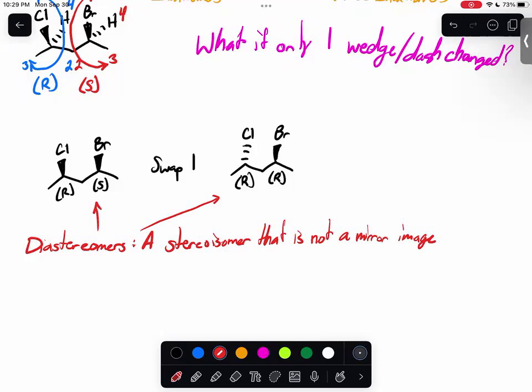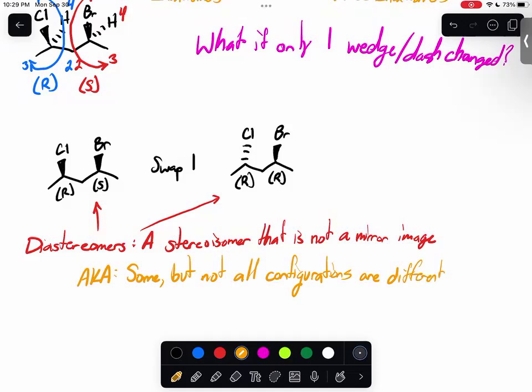But the only time this can occur is when you have more than one chiral center, right? And so the secondary definition I want you to think about for diastereomers is that some, but not all, configurations are different. All right? Because remember, if all of the configurations are the opposite, it's just the enantiomer. If some but not all of them are opposite, it is a diastereomer.